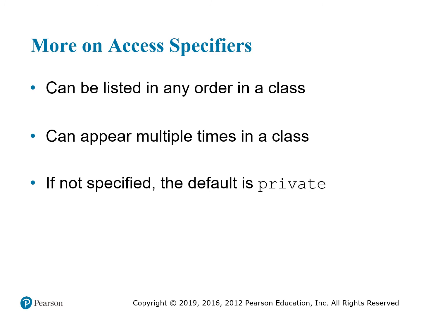So with the rectangle that we've defined so far, we could have left the private declaration out on those first two, and C++ would make them private by default. But that's kind of sloppy programming. It's better to specify what you want to happen with each of your elements.